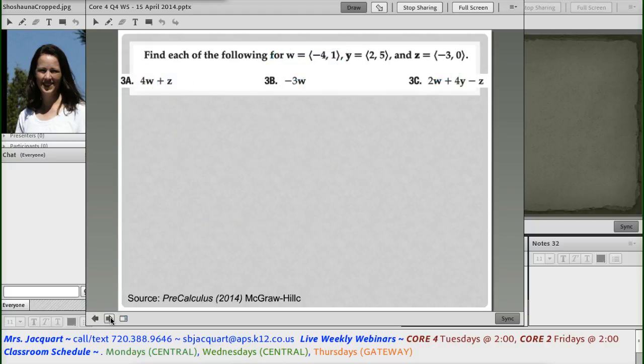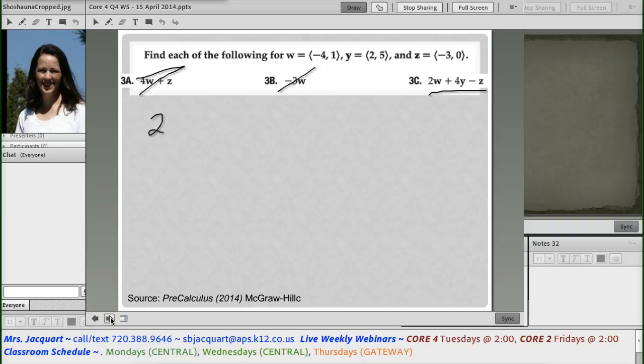Let's practice another one. We're working on negative 3W. So let's multiply this by negative 3. So it's going to be 12, comma negative 3. That's it. Oh, let's work on another one. Not that one. I'll work on this one.